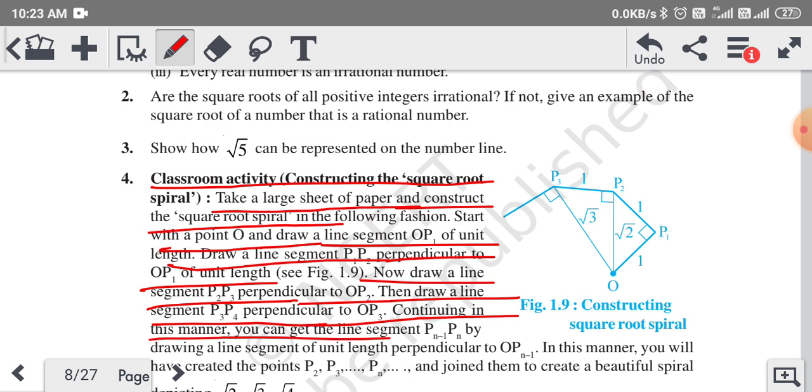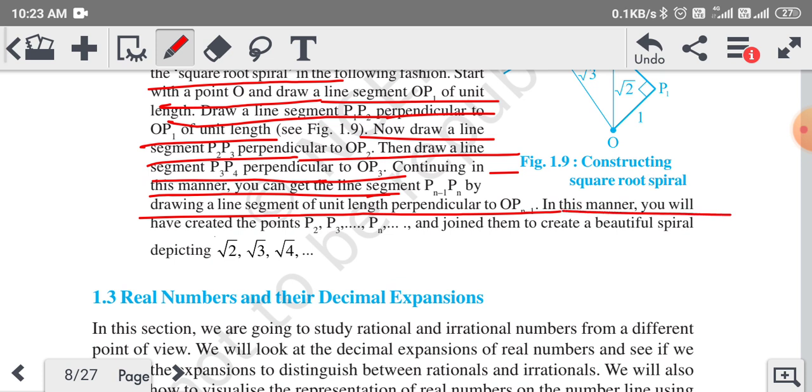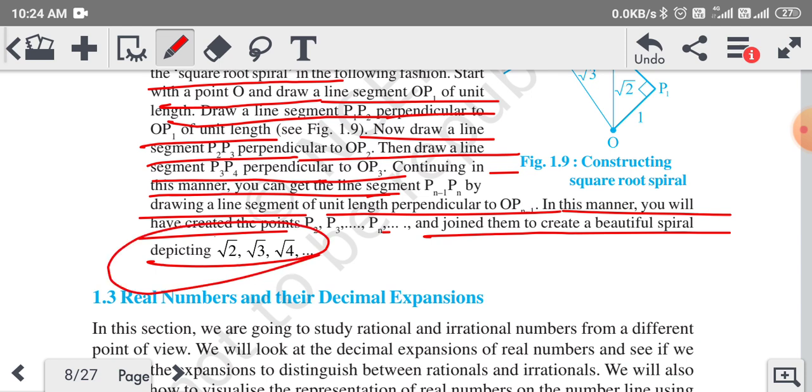Continuing in this manner, you can get the line segment Pn-1 Pn by drawing a line segment of unit length perpendicular to OPn-1. In this manner, you will have created the points P2, P3 and so on, and join them to create a beautiful spiral depicting under root 2, under root 3 and under root 4.